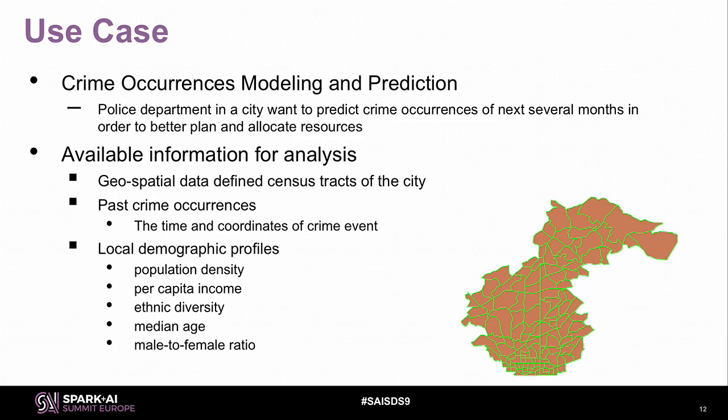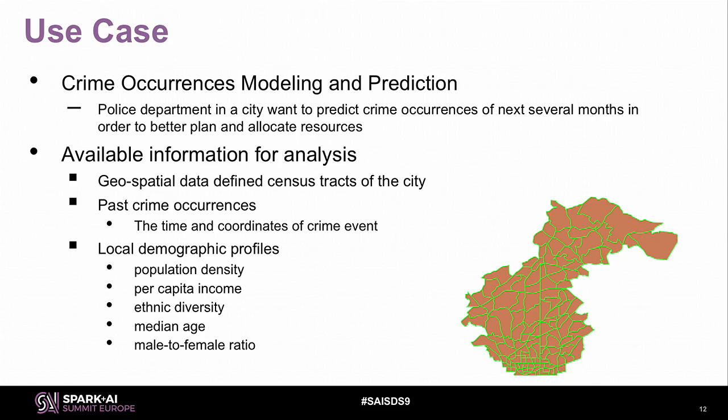What they already have for the analysts can include this part: the geospatial data, which defines the census tracts of the city, and the past crime records, including the time and the coordinates of crime events.